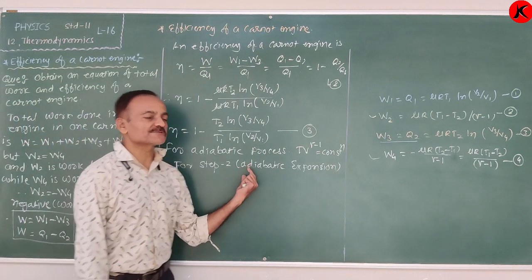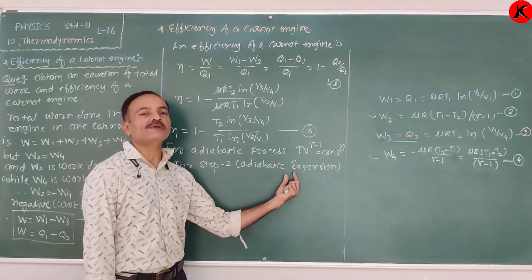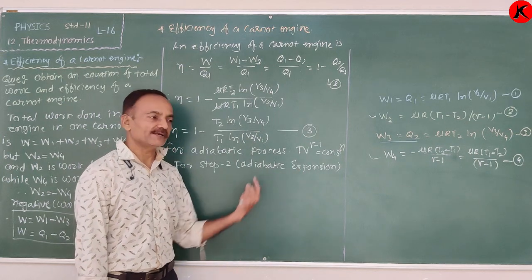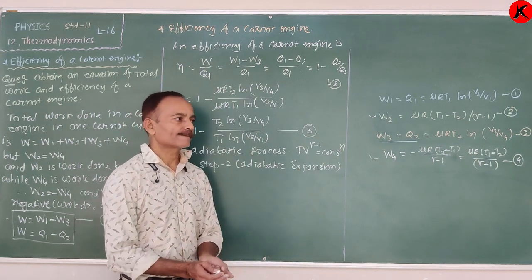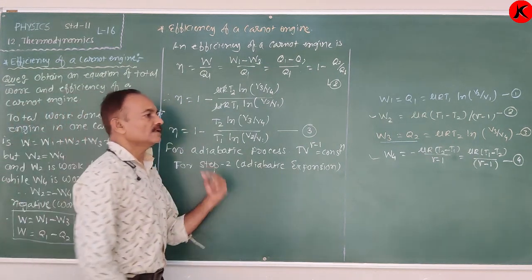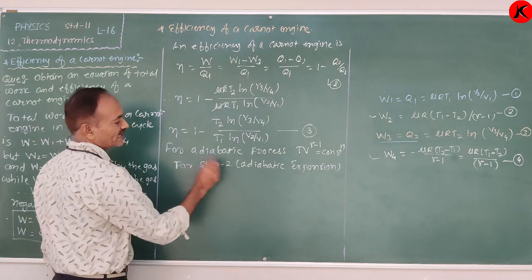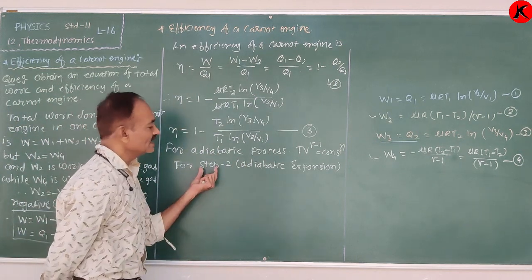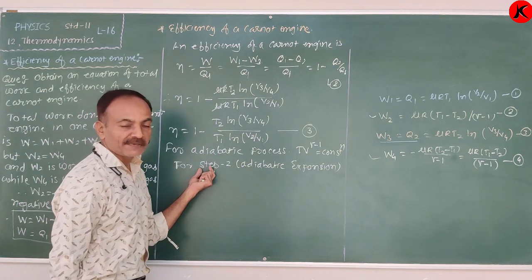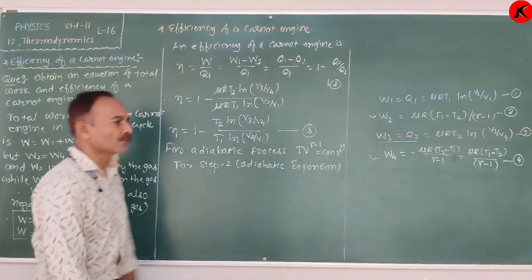Here the system goes from P2, V2, T1 to P3, V3, T2.